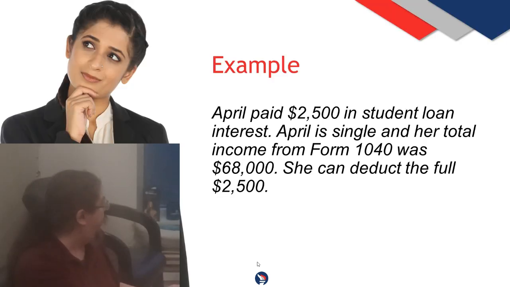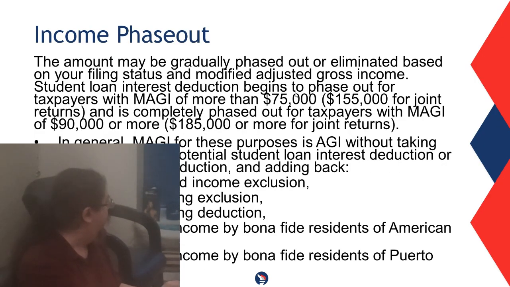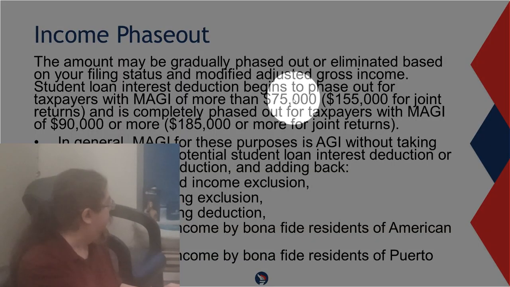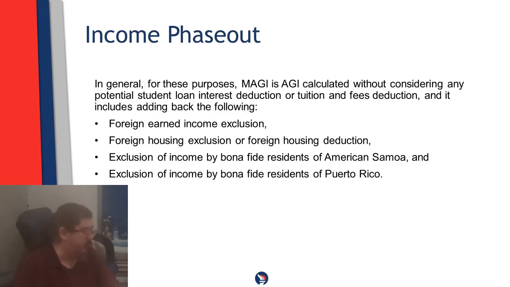April paid $2,500 in student loan interest. She's single, and her AGI is 68,000, which is below the lower limit, which means she gets the full $2,500 deduction.